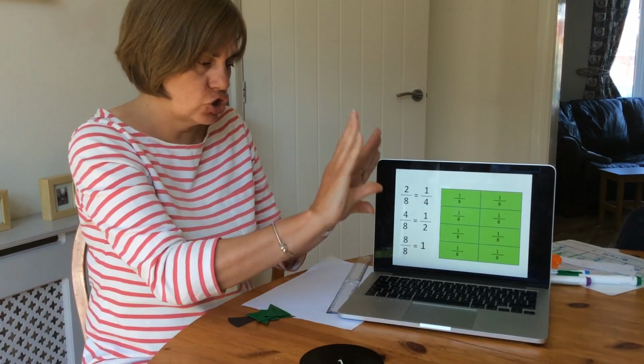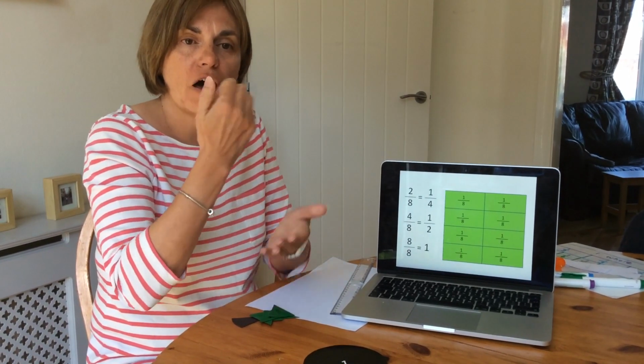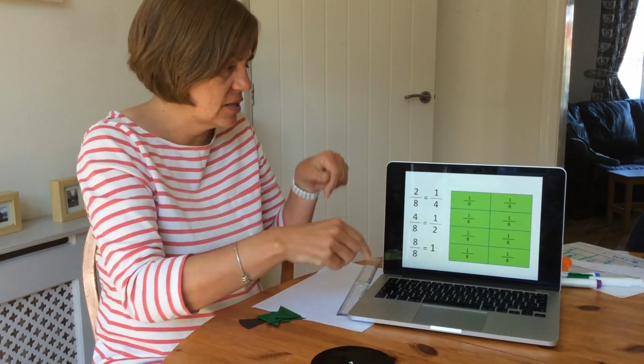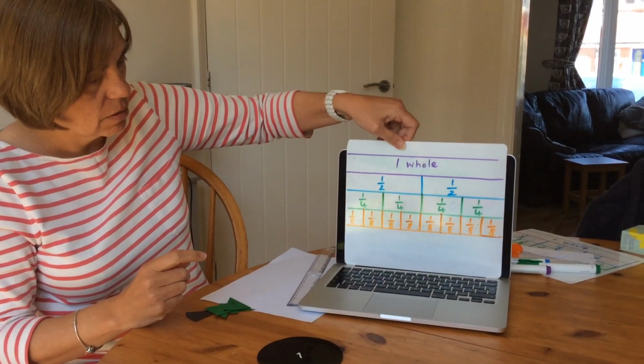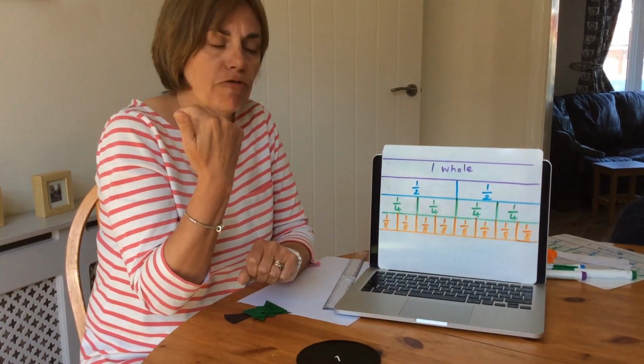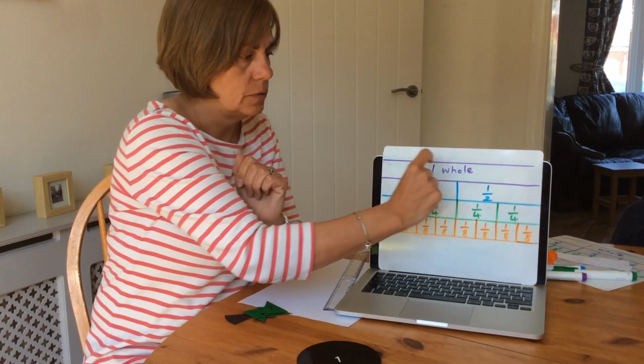Now today I'm going to stop there because your job is to make a number fraction wall. Okay, bit similar to this. It's going to look like this, and we've done this before. So at the top we're going to have the 1 whole.